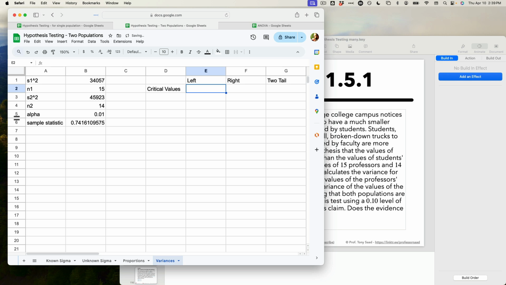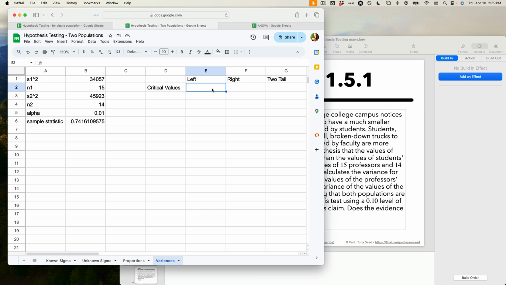So what do we do for the left tail? For a left tail, we need to find the lower value such that the area to the left is equal to alpha. So on the F distribution, we need to find the F value such that the area to the left is equal to alpha. And for this, I'm going to use an F inverse.